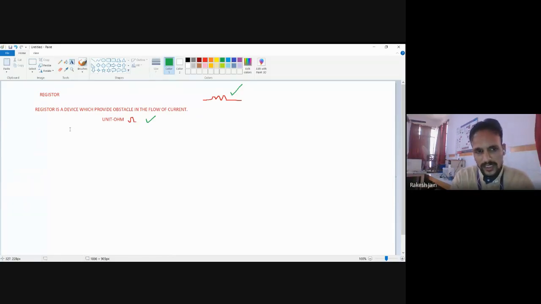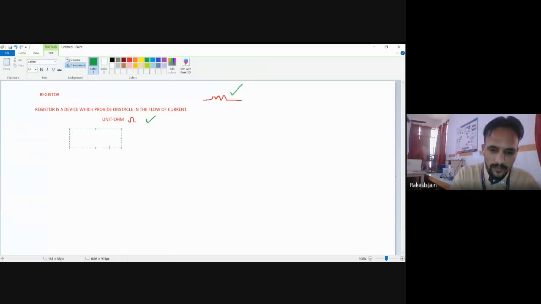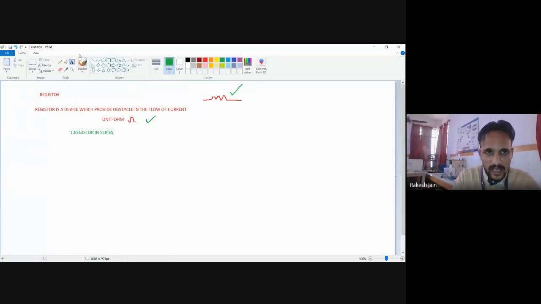Okay, now the resistance in series and parallel. First of all, I am going to teach you about resistors in series. Let's suppose the first resistor is your R1, and the second resistor is your R2.